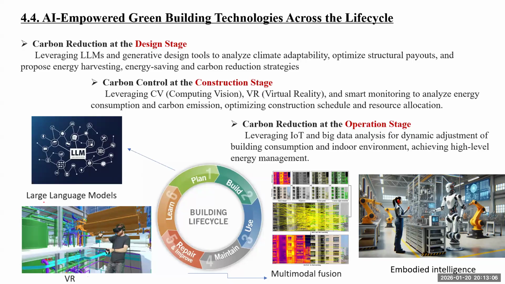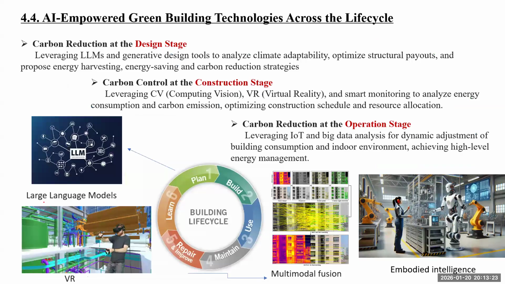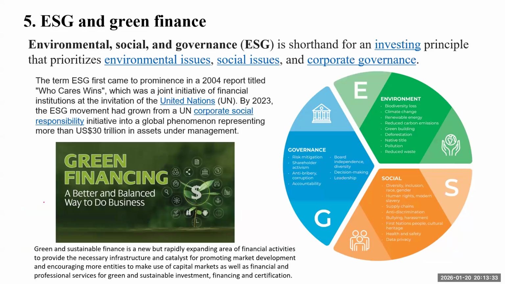So we have different AI-empowered green building techniques across the life cycle for building energy efficiency and energy transition. Not only do we provide energy efficiency solutions through design, but these strategies can also be implemented with ESG and green financing.